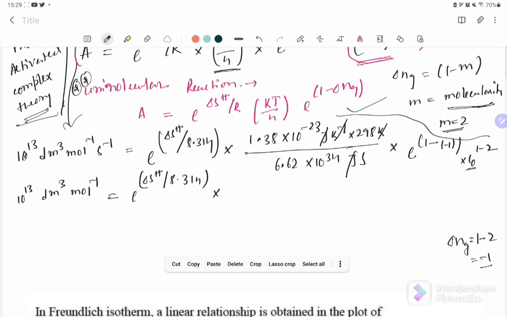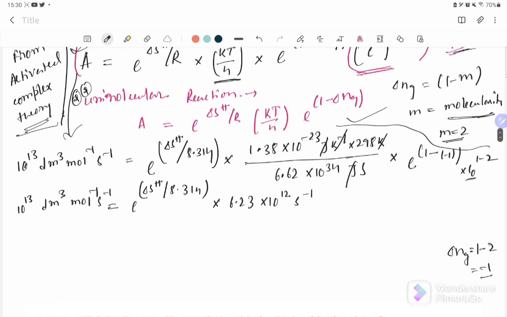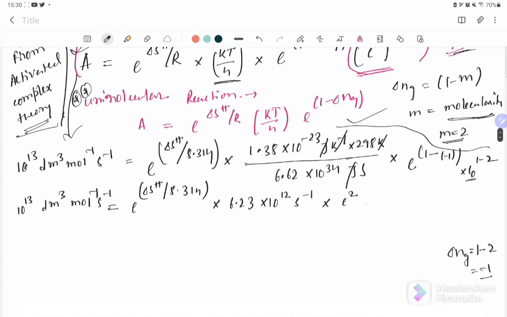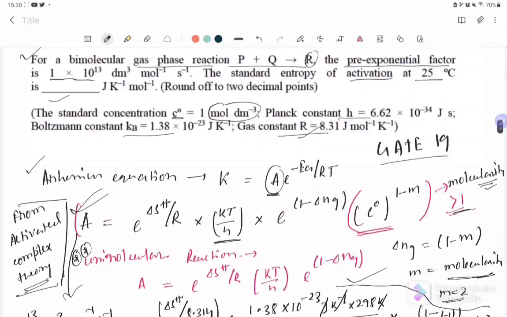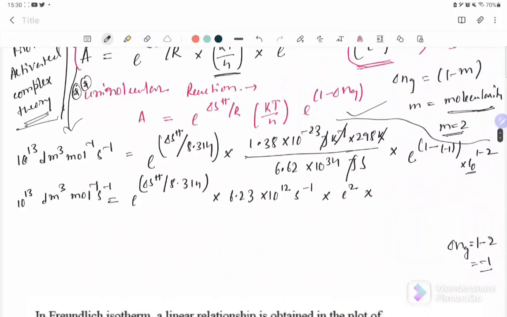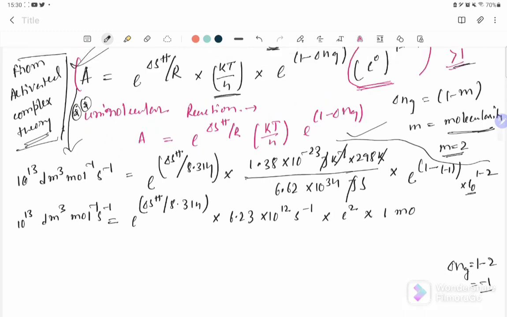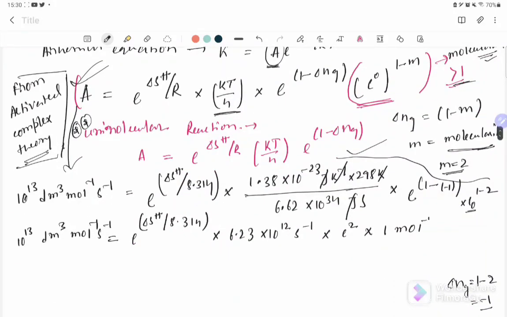If you calculate this, 1.38 into 10 to the power, this will be 6.23 into 10 to the power 12, here second inverse. And this one will be e to the power 2, and C0 is 1, so 1 mole inverse dm cube.